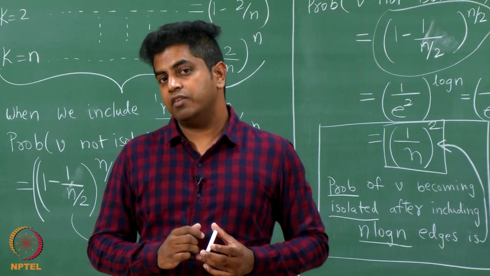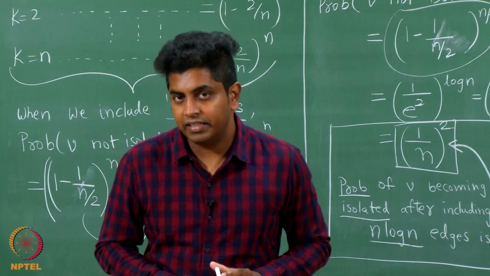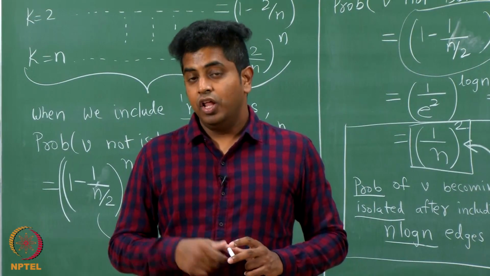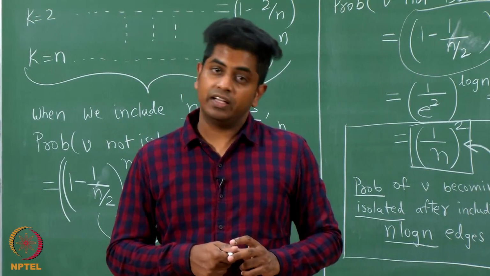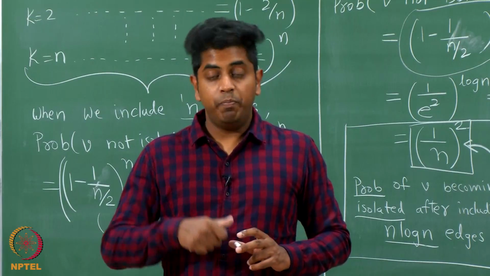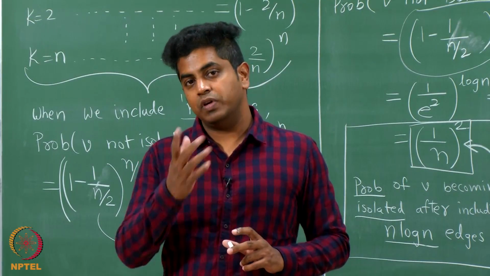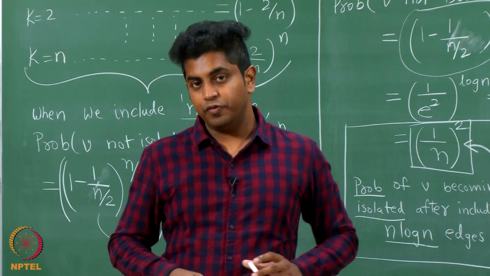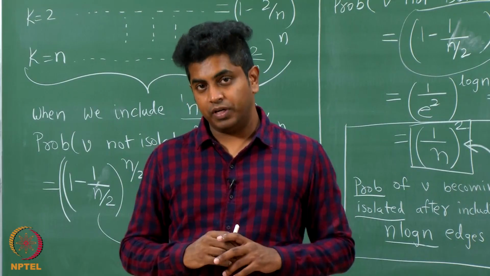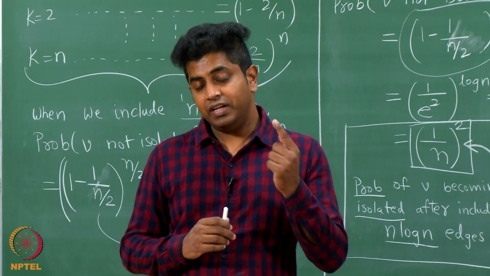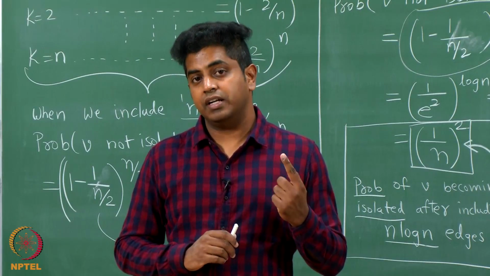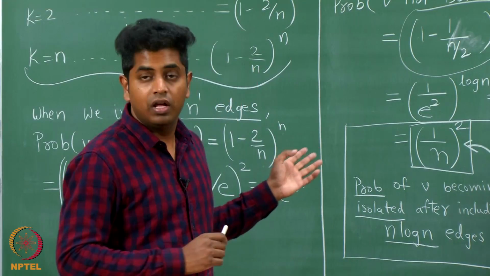Not having isolated vertices does not guarantee you a connected graph, but then not having an isolated vertex and yet the graph being disconnected is very unlikely. I told you before, correct? You cannot have two components. You cannot even have one disconnected vertex because it is a very small probability.